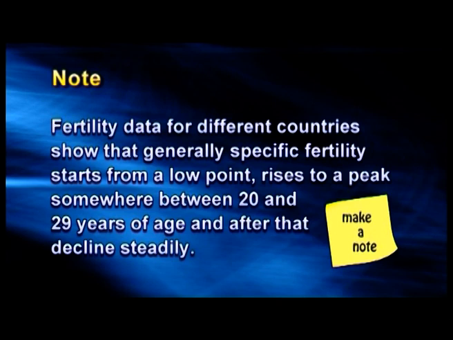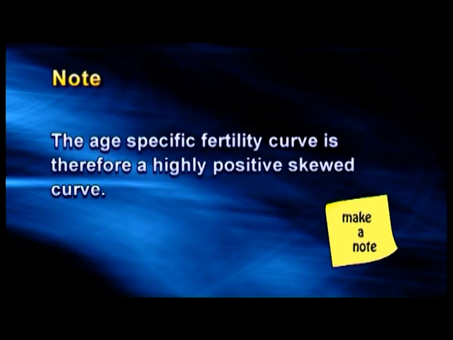Fertility data for different countries show that generally specific fertility starts from a low point, rises to a peak somewhere between 20 and 29 years of age, and after that declines steadily. The age-specific fertility curve is therefore a highly positively skewed curve.